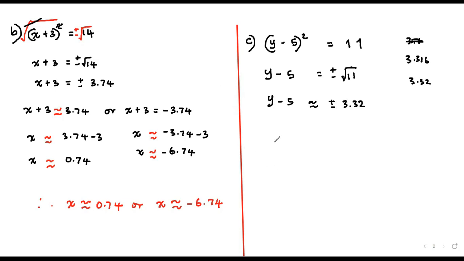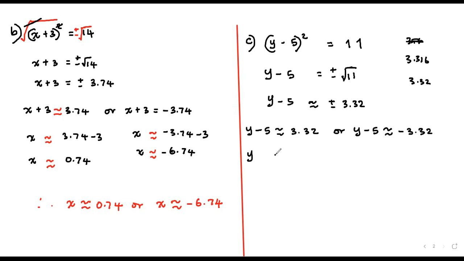Okay, now we can get two equations. Number one, y minus 5 is approximately equal to 3.32. Or y minus 5 is approximately equal to negative 3.32. Okay, now let's get the first answer.